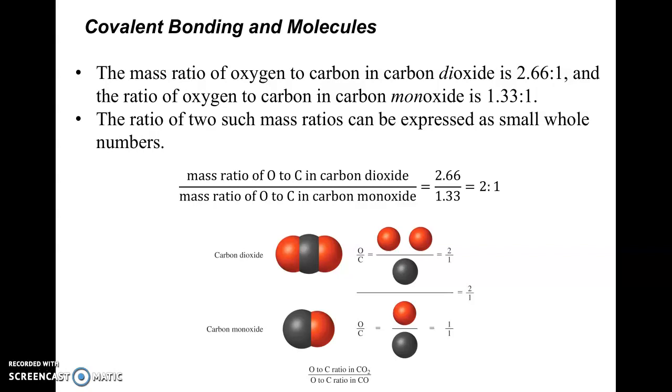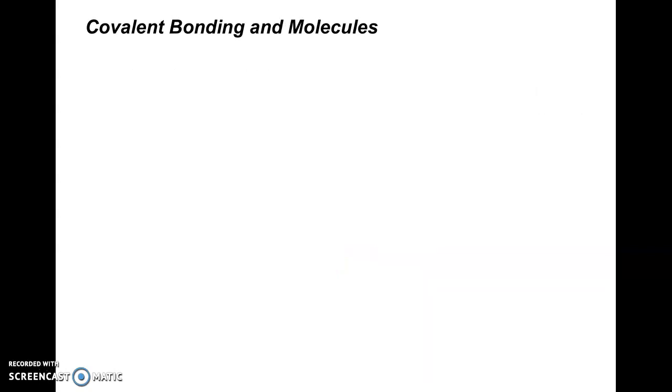Carbon monoxide is a 1 to 1. So basically what this is saying is 2 different elements can produce more than one kind of compound, but it's always going to be to a specific ratio because you can't have just part of an atom involved.